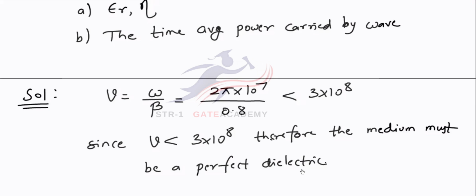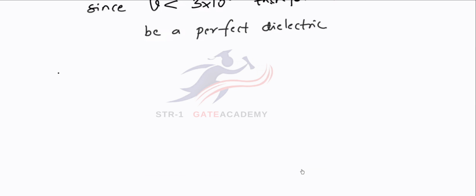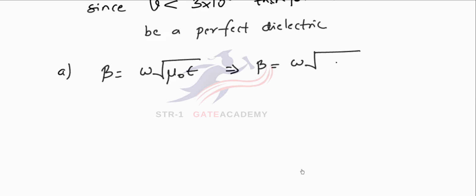Okay. Now you can find the epsilon r value. So beta is given to me. We know that beta is omega into under root mu naught into epsilon, and this implies beta is equal to omega into under root mu naught into epsilon naught into epsilon r.